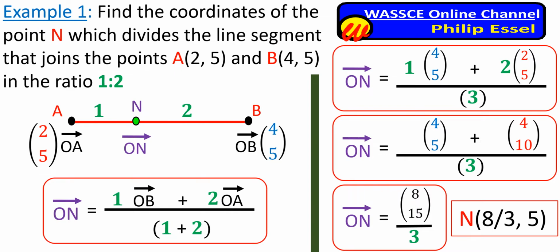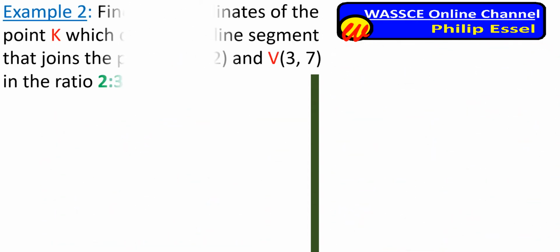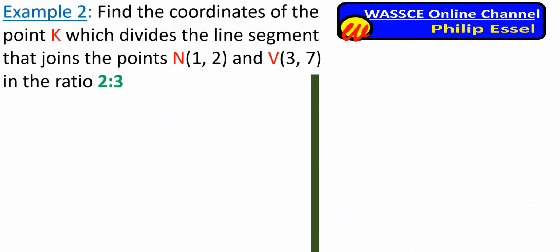Let's look at example 2. Find the coordinates of the point K which divides the line segment that joins the point N, which is (1, 2), and the point V, which is (3, 7), into the ratio 2:3.